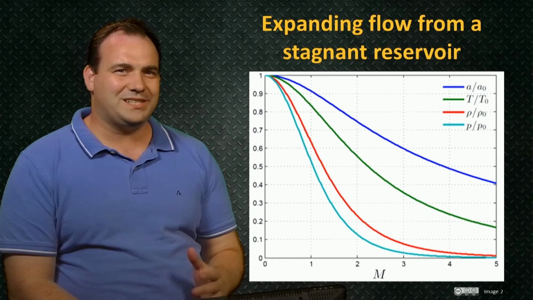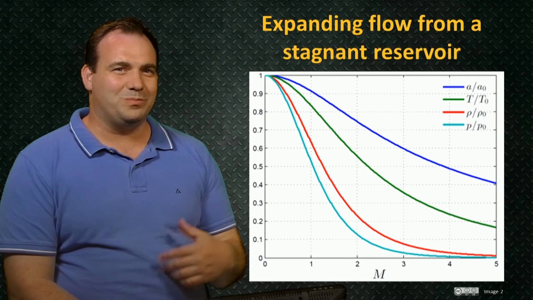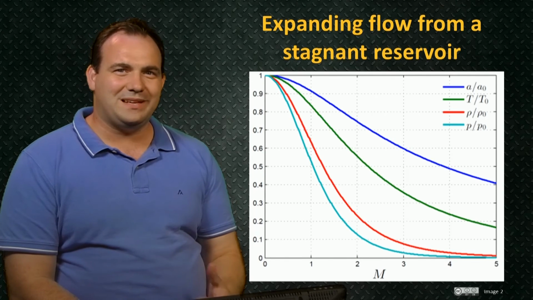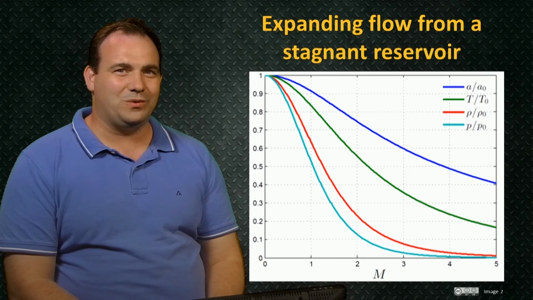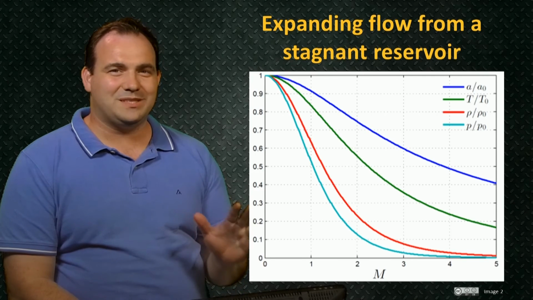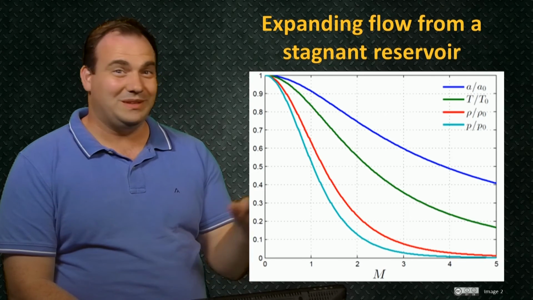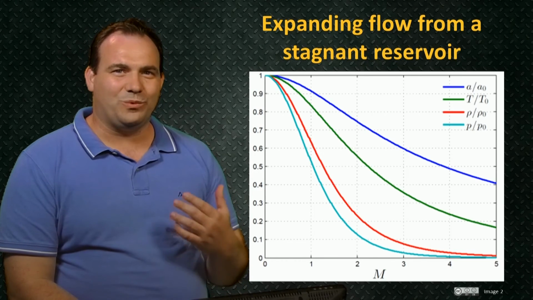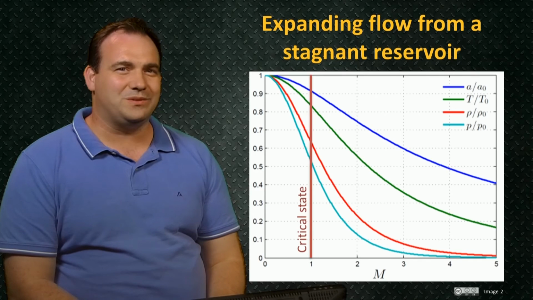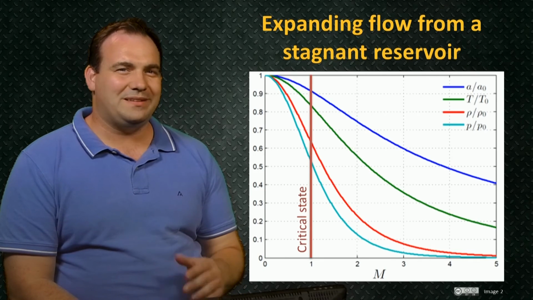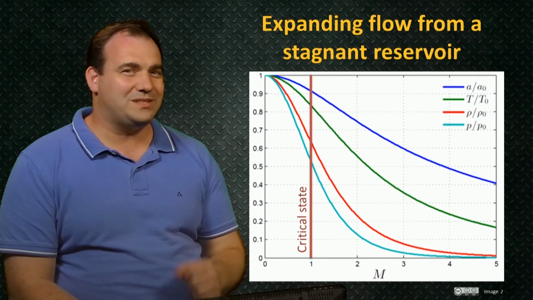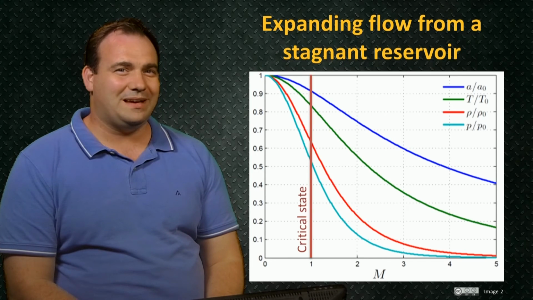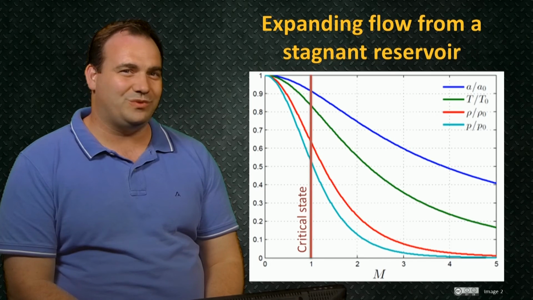We see that the pressure in light blue drops most rapidly, followed by the density in red and the temperature in green. Finally, the sound speed drops the least quickly. The state of the fluid when the Mach number is 1 is known as the critical state. We'll find out in the next subsection that the critical state is very important in the analysis of compressible flows.